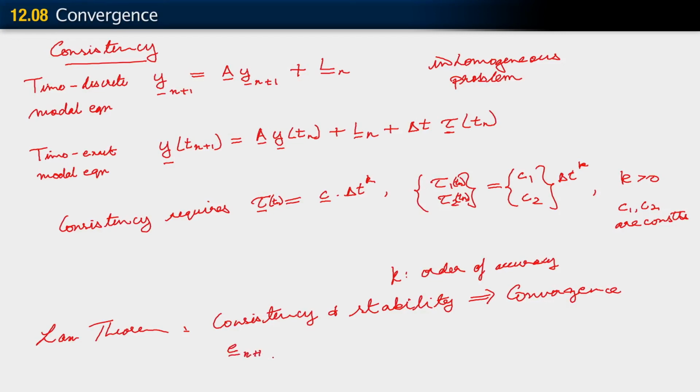E again is a 2 vector, because we are looking at the error in the displacement and the velocity for every mode.